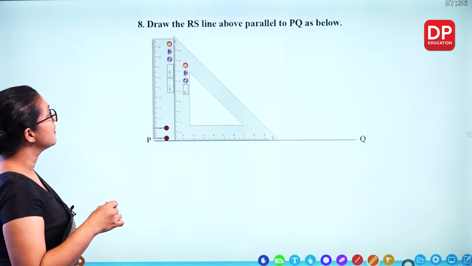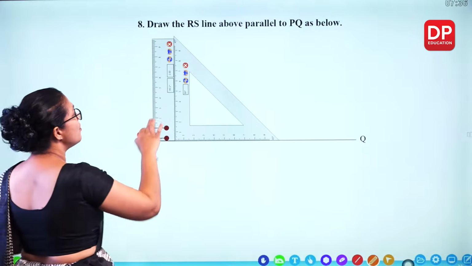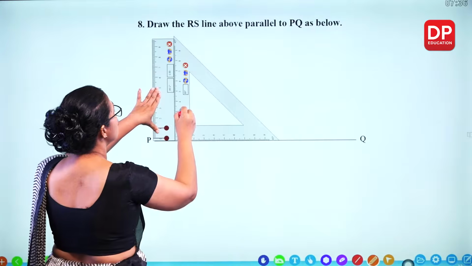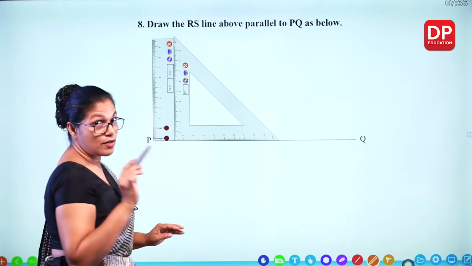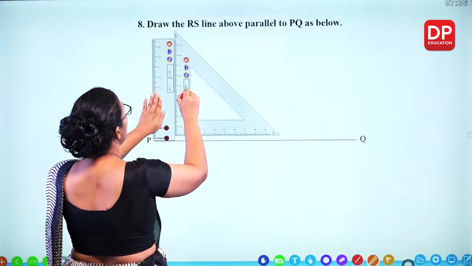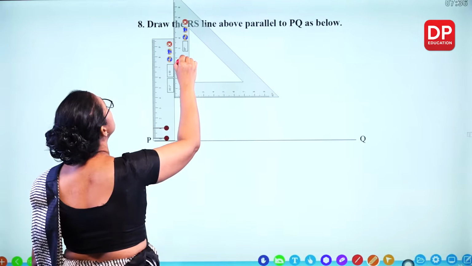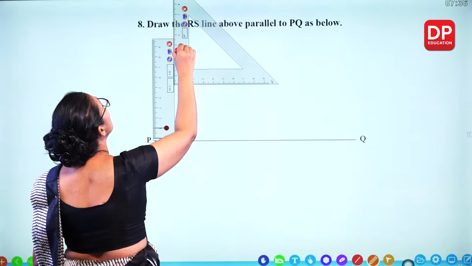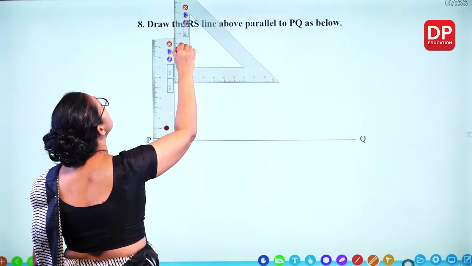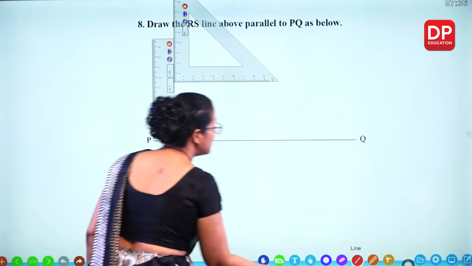Like this, and then hold the ruler without shaking, and you can move the set square to any point that you like and draw the line. So we'll keep it like this and draw the line.